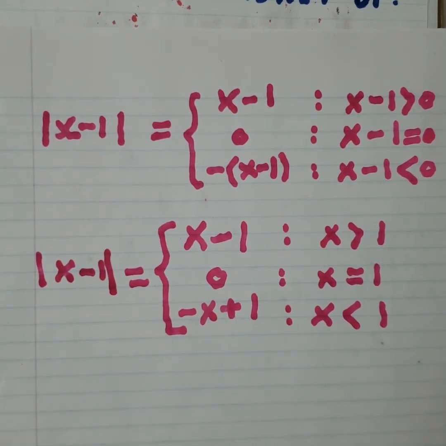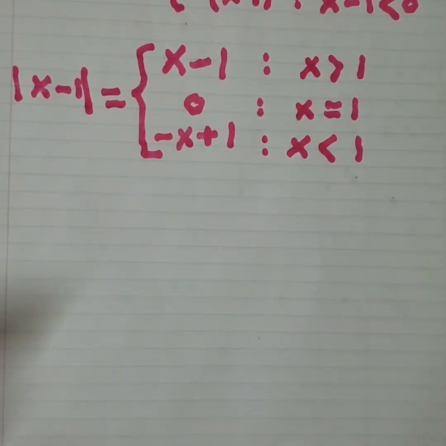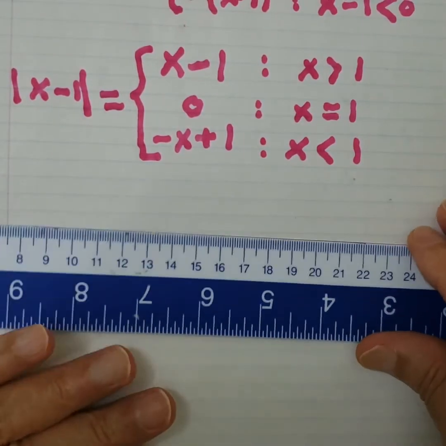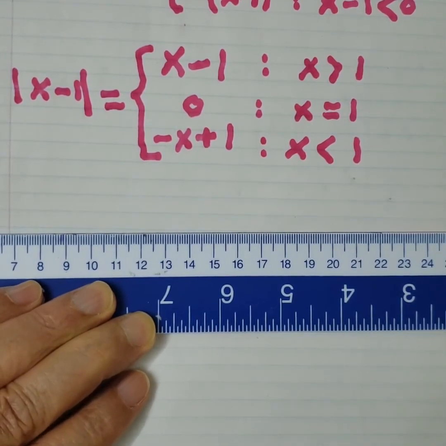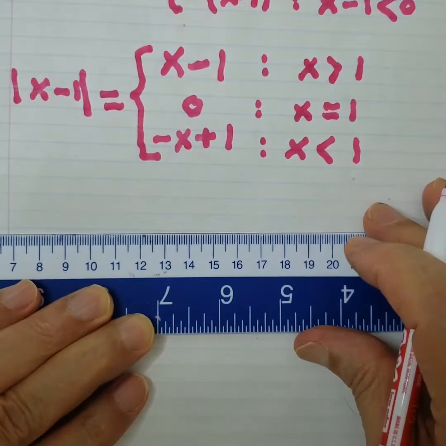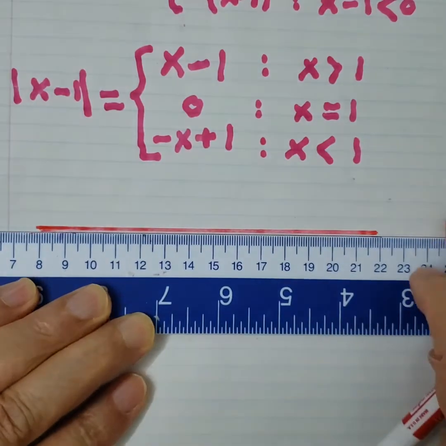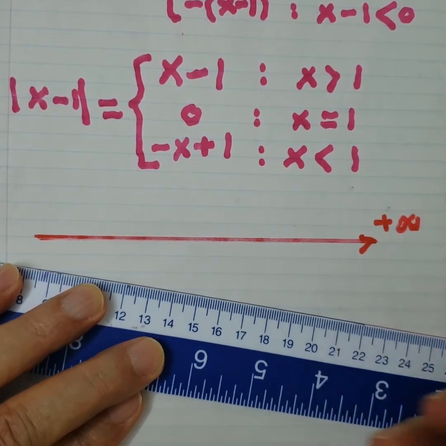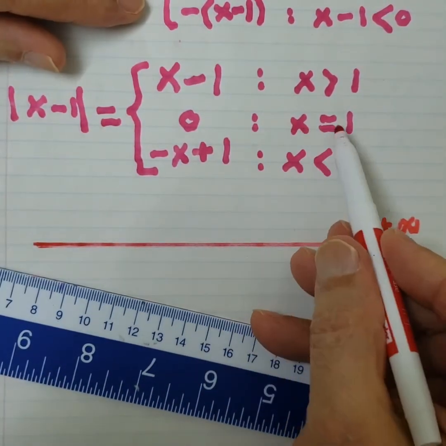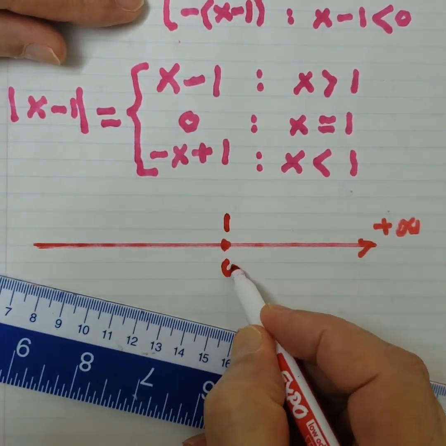And as we did with the absolute value of the other term, we will do the same here by drawing the real number line. Here is the real number line, and here is plus infinity. As you see, when x is equal to 1, consider 1 is here, so the absolute value is 0.